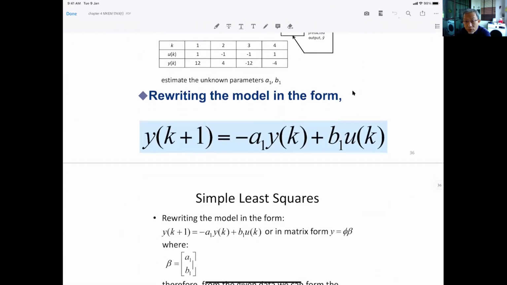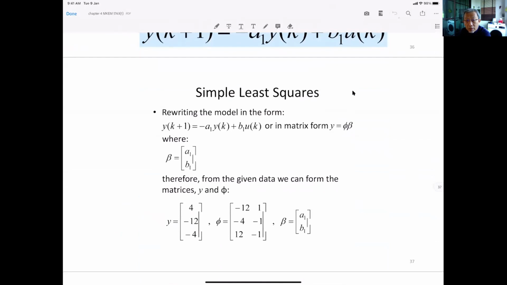So first we have to write the model in the form of y k plus 1 equal to a1 y k plus b1 u k, or in the matrix form y equals x theta, where theta is a1 and b1. So how are we going to form the y matrix?